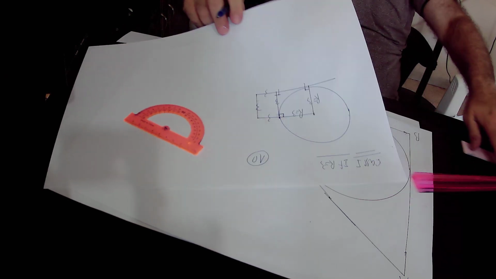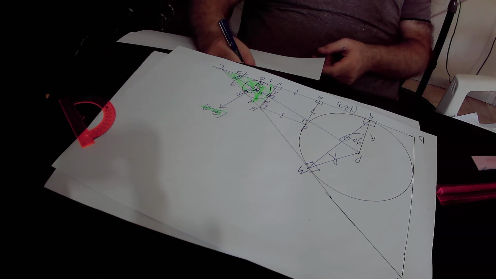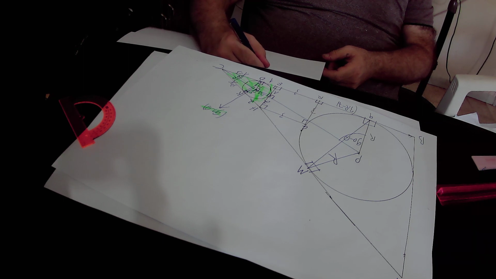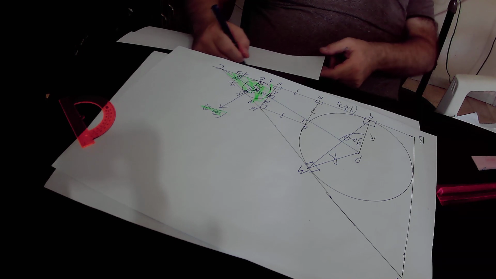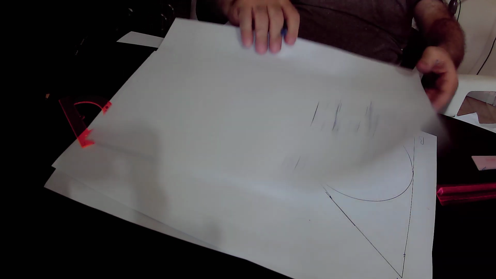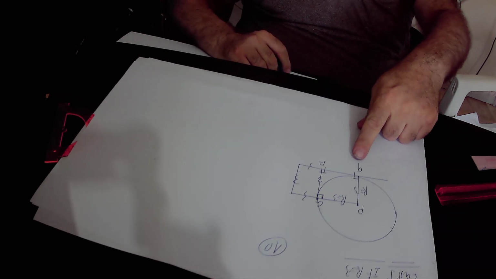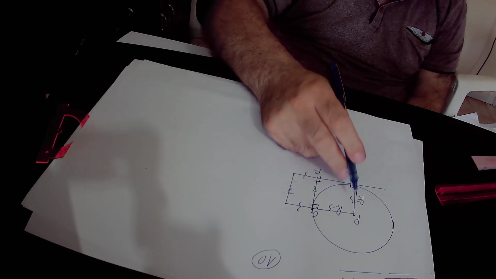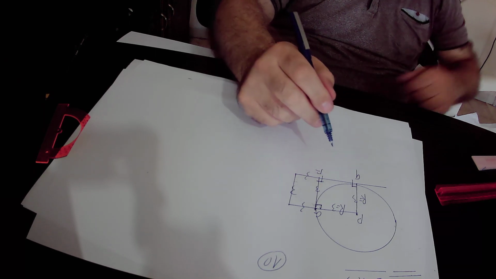So here we have inside quadrilateral PGQF, this quadrilateral, we have 1, 2, 3 right angles.